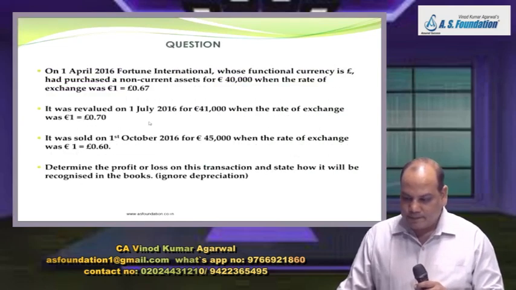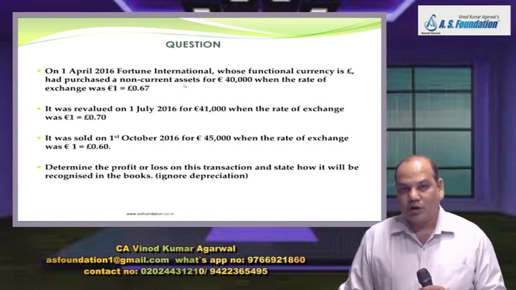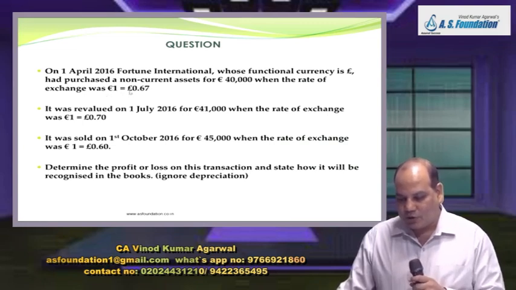Okay. Now solve this next question. On 1st April 2016, Fortune International, whose functional currency is pound, had purchased a non-current asset for euro 40,000 when the rate of exchange was 1 euro equal to 0.67 pound.